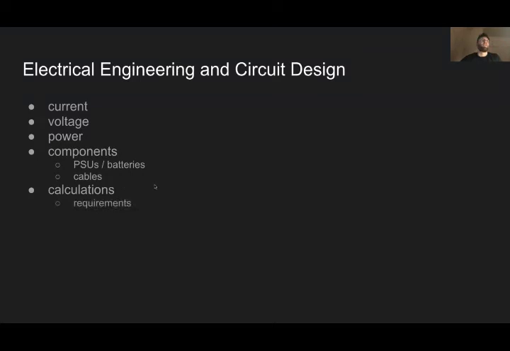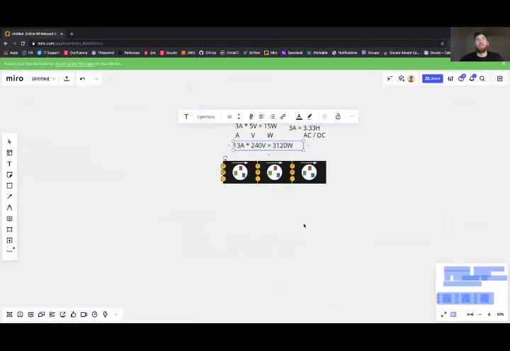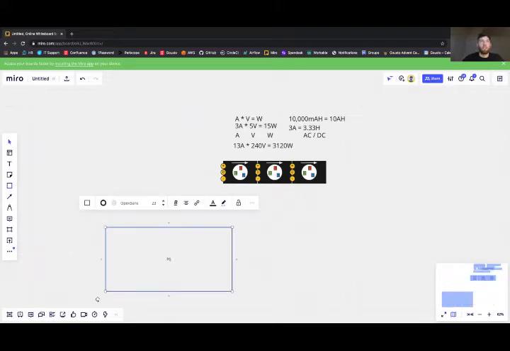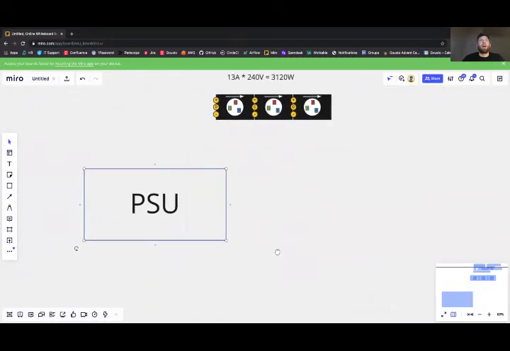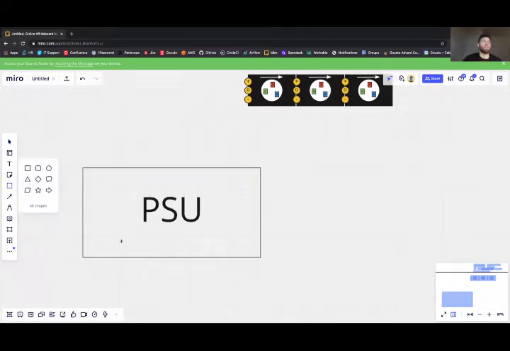So let's try to build up a circuit diagram of an LED strip using some of the knowledge that we've got now. So I'm going to draw our PSU. Let's call this PSU. Make that a little bit bigger. Power supply unit. And it's got a terminal bus on it. Okay. Very similar to the image we saw earlier. So let's make a terminal bus.